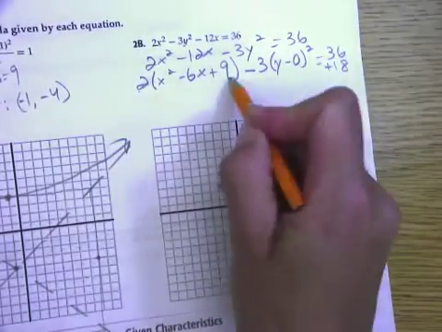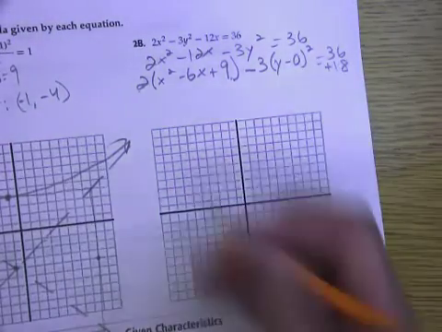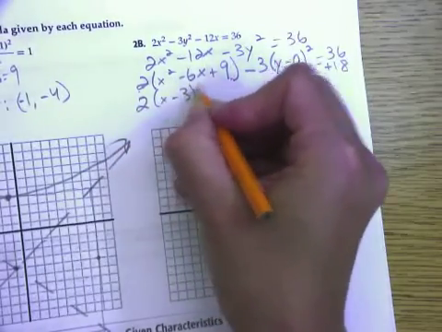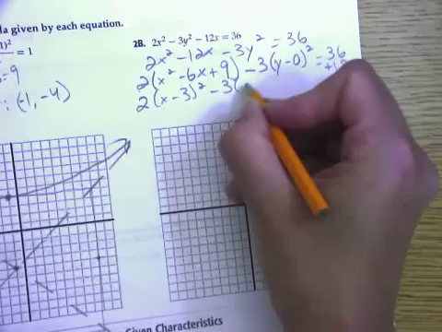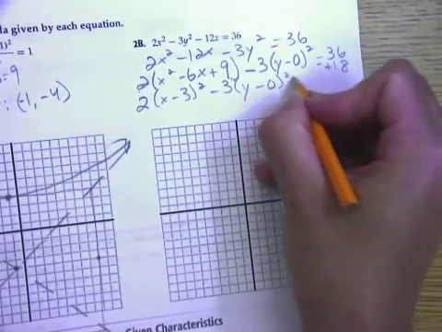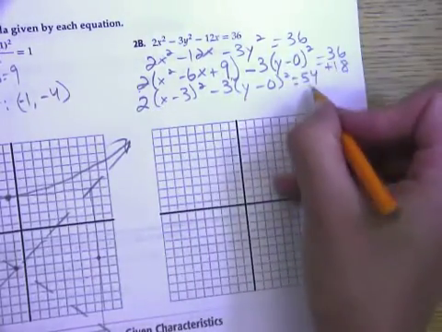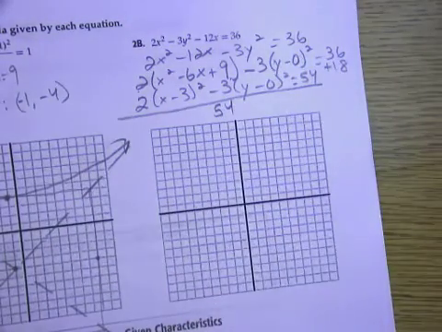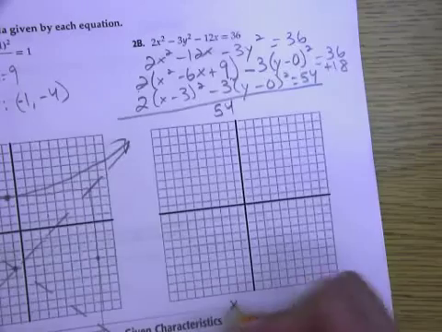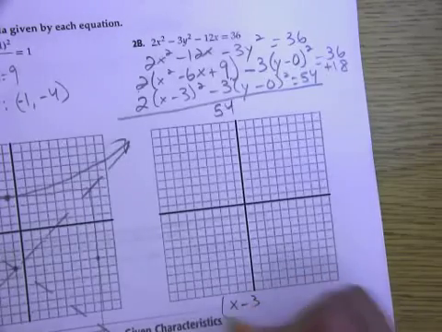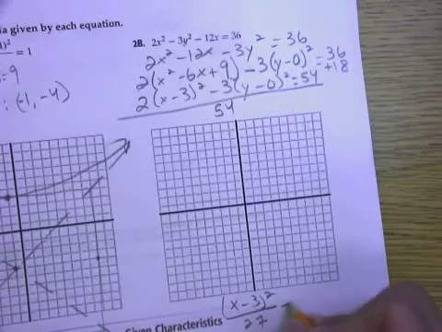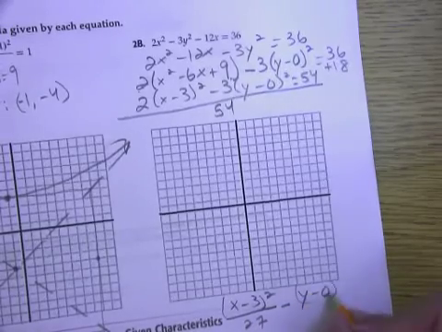Some of you may feel more comfortable rewriting that y squared as y minus 0 squared so that the y coordinate of the vertex is right there staring at you. And then this equals 36 plus 18 because I added 18 to the left side of the equal sign. So I've got 2 times the quantity x minus 3 quantity squared minus 3 times the quantity y minus 0 quantity squared equal to 54.